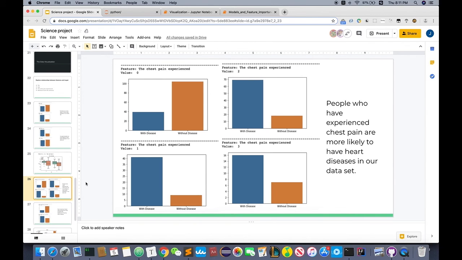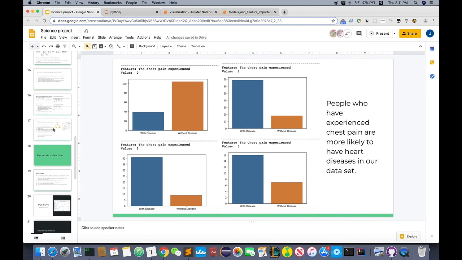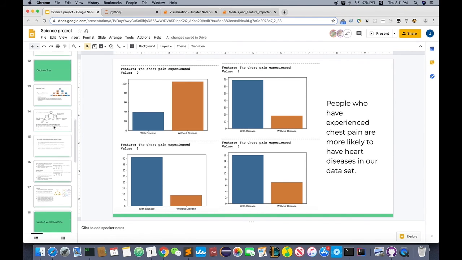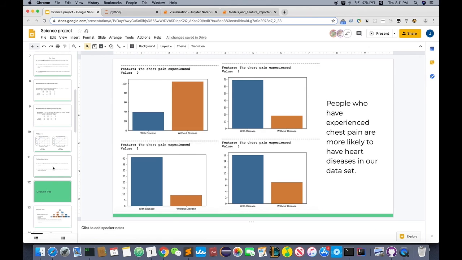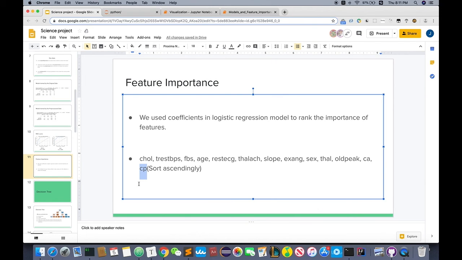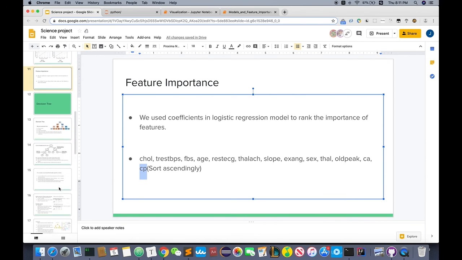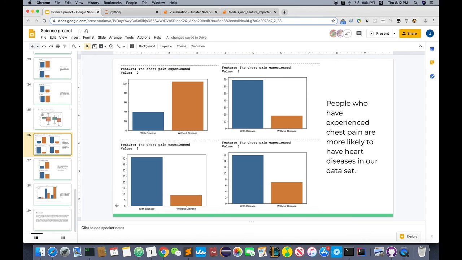Let's also take a look at the CP, which is the chest pain experienced by people. If you remember, we found that the CP is a very important feature. So it's very reasonable to see that it can affect the disease rate significantly.